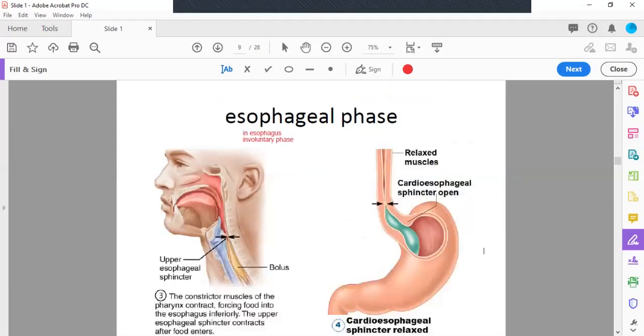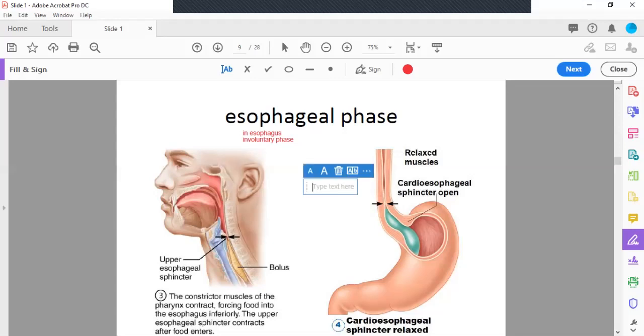Now in the esophageal phase, this phase is in the esophagus, and it's involuntary. You have the closure of the upper esophageal sphincter while there's opening of the lower esophageal sphincter, which is also known as the cardioesophageal sphincter. So I'm going to make a little note on this.